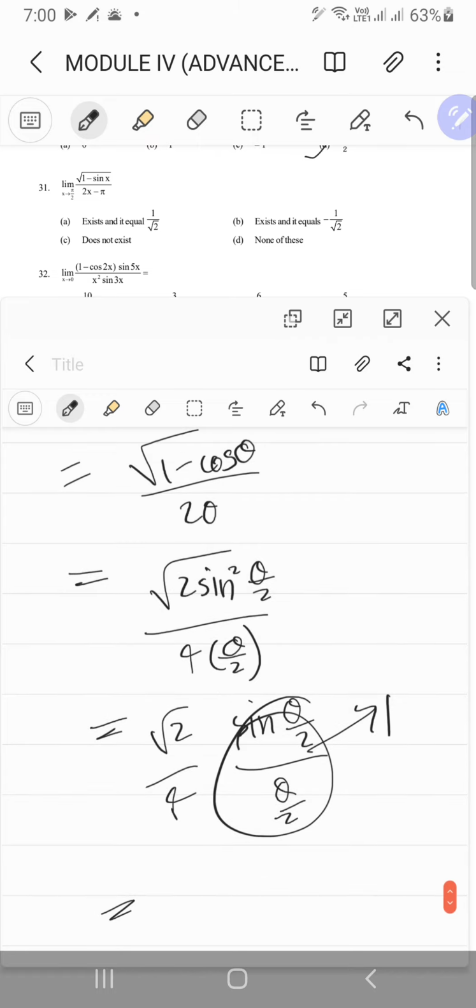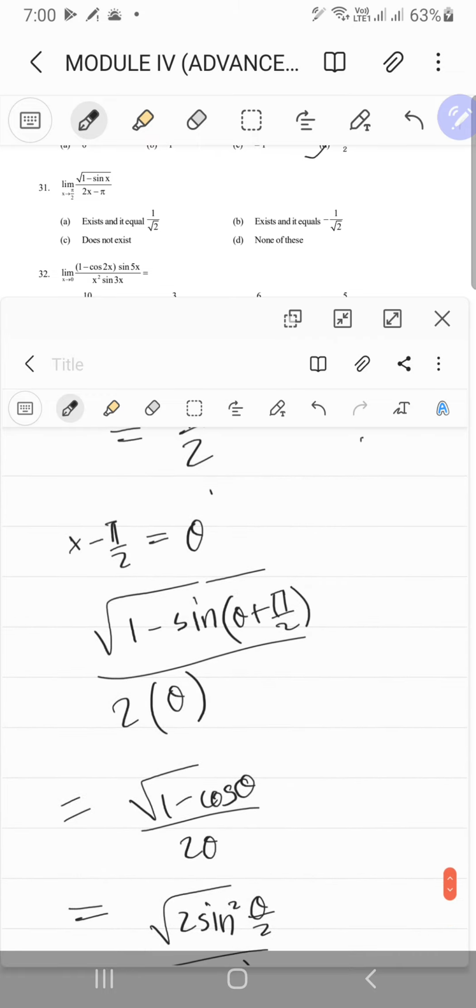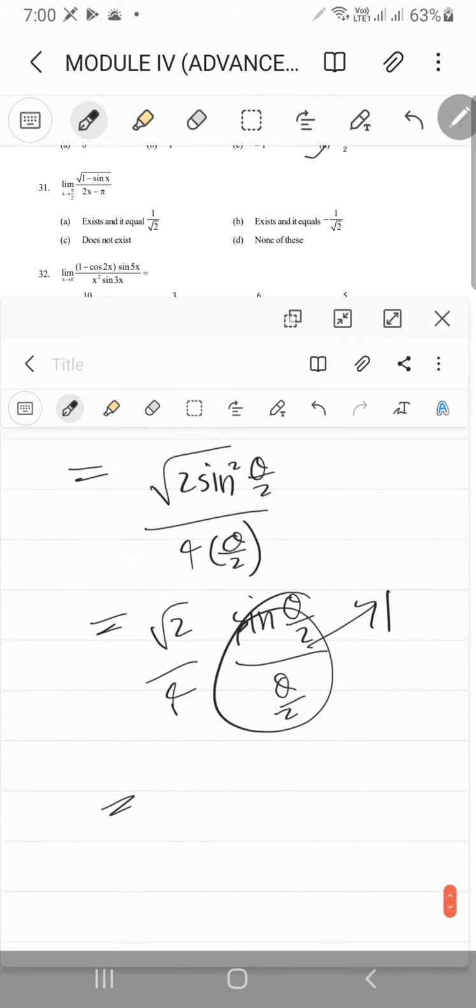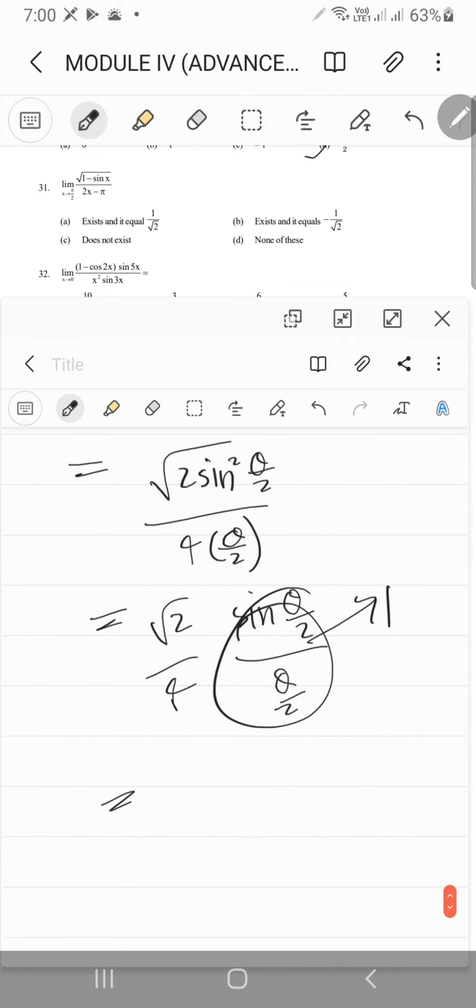Or is this something else? Right, so 2 into, this is so frustrating. 1 minus cosine of theta, yes. So 2 sine squared of theta by 2, correct. So this is 1 upon 2 square root 2.